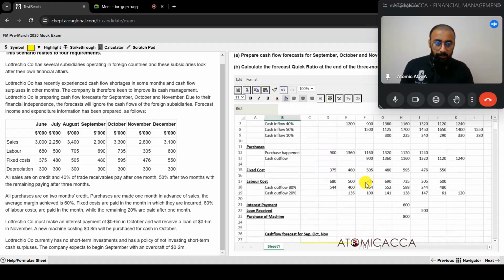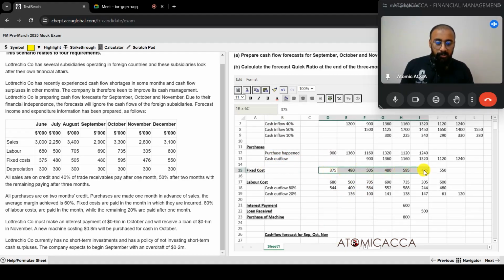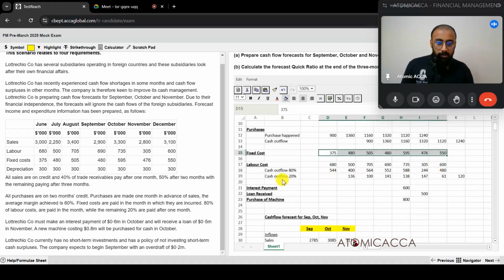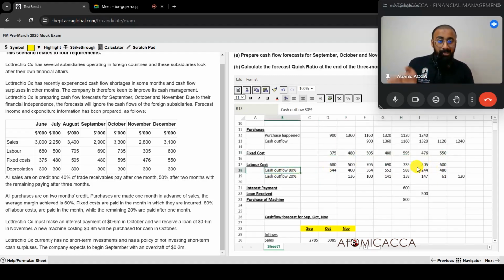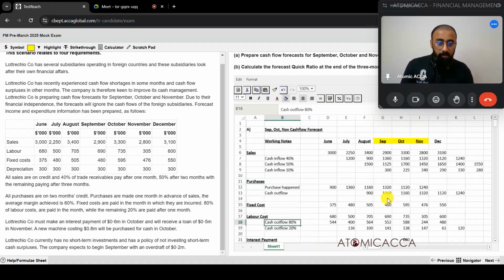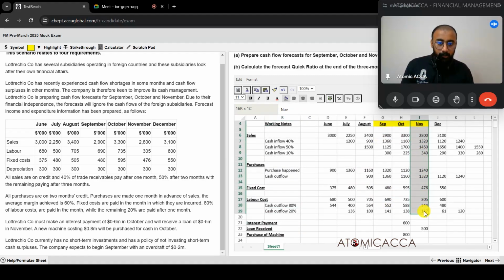Next thing is, what is the next title? Fixed cost. They told us already it is paid in the same month, so no payables over there. Labor cost, 80% is paid every month, but 20% is paid in the following month. So from November's point of view, these 3 months are mainly contributing. September payment, 80% is happening here, 20% is happening here, so that's clear. October, 80% is happening here, 20% is happening here, so that's clear.